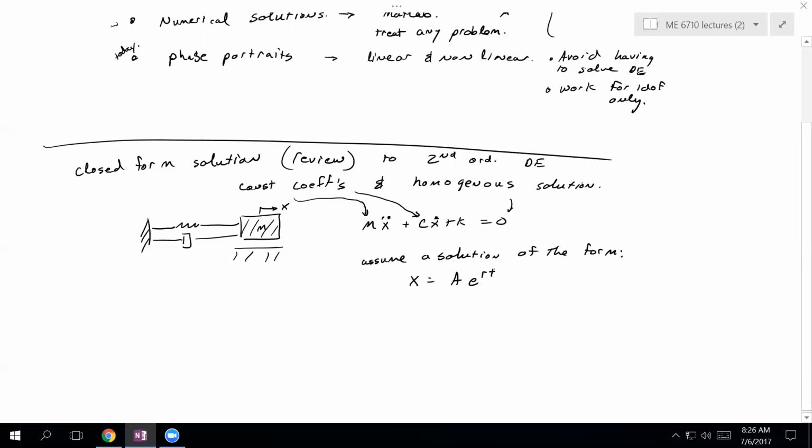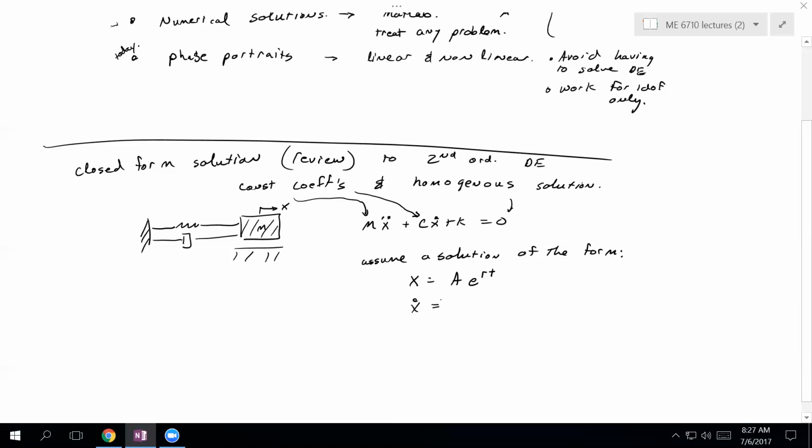I always think to myself, assume a solution. So I can assume any kind of solution. Well, have you ever seen anyone assume a solution other than that? I don't know why they don't say some very brave and intelligent person figured it out, and from now on, we all copy that person. But no, we don't say that. We say assume a solution. Anyhow, we assume the solution. It turns out that it does work.